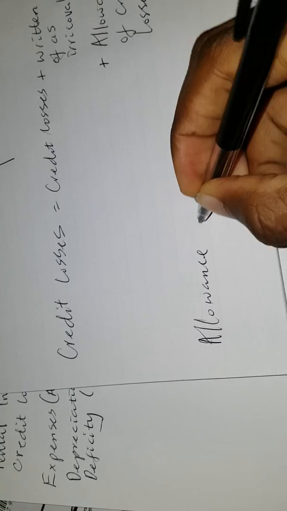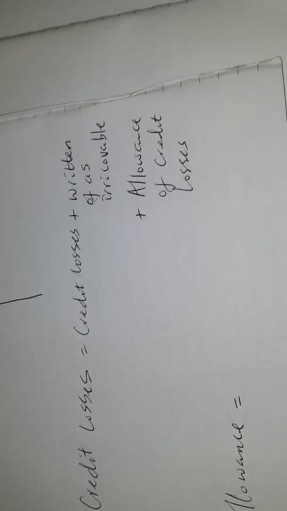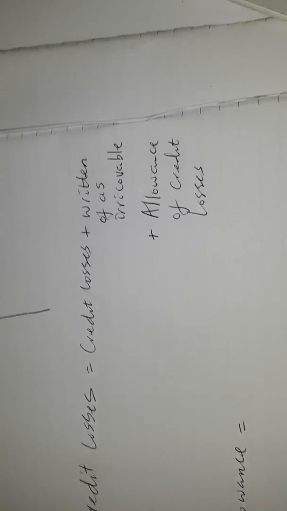Allowance is equal to, so what you're going to say: if you sell on credit and initially you give yourself an allowance of 3,750, and then your initial allowance was exceeded and now you need to increase your allowance to 6,529. What does it mean?